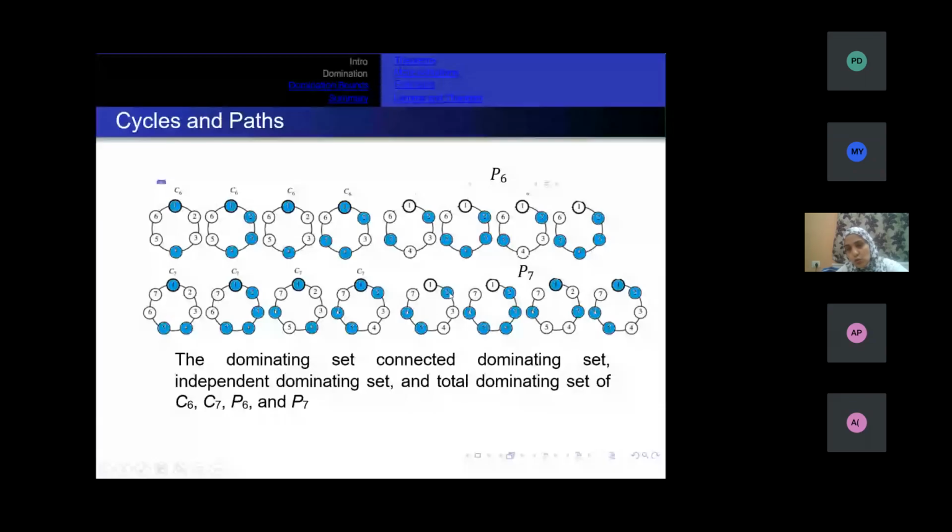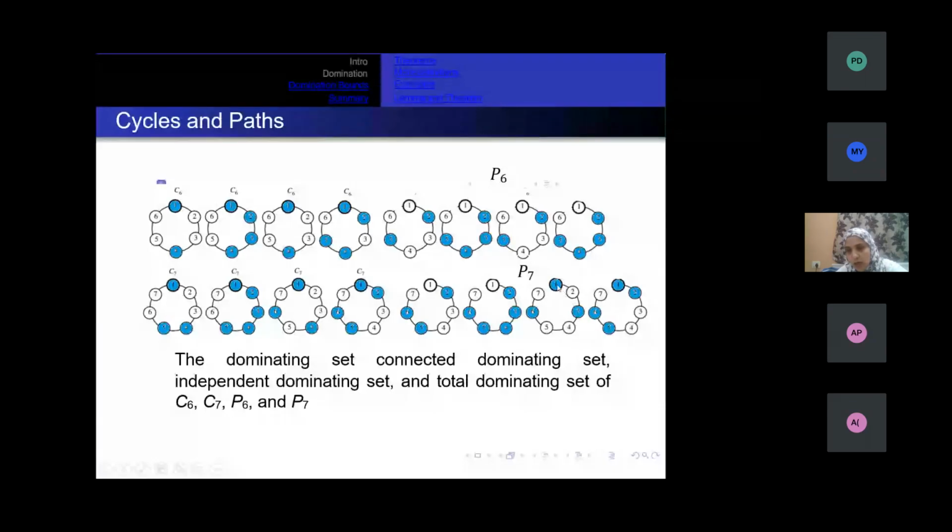Here, 2, 6, and 8 are considered in the connected dominating set. This is a normal dominating set: 2, 5, and 6. And here this graph is like 2, 3, 4, 5, 6. Here we are considering this graph as the connected dominating set, and this as the independent dominating set.